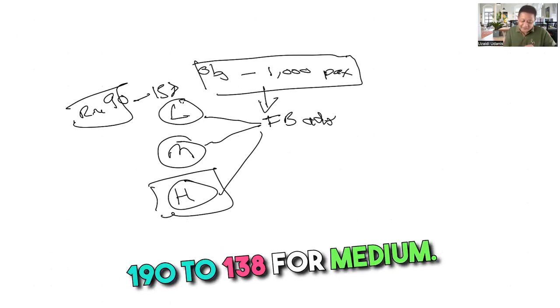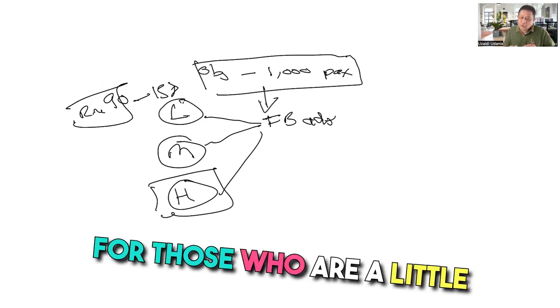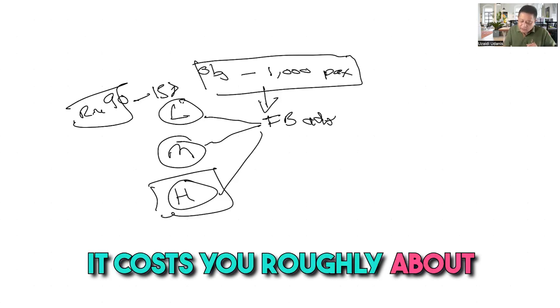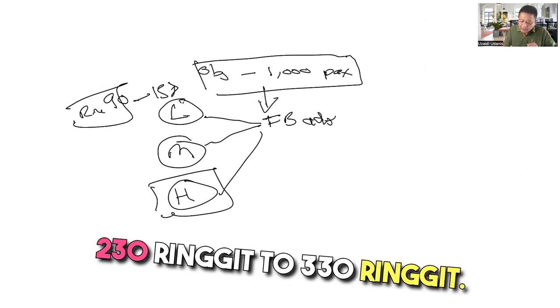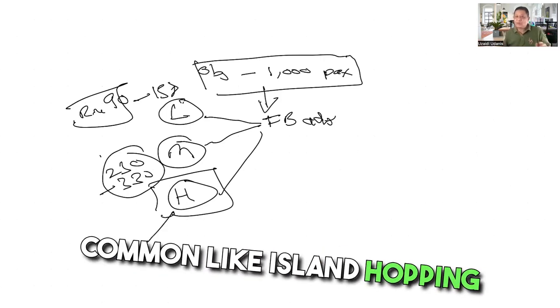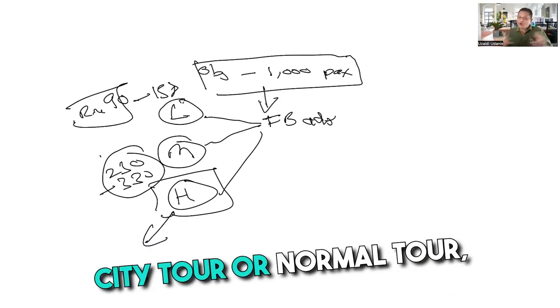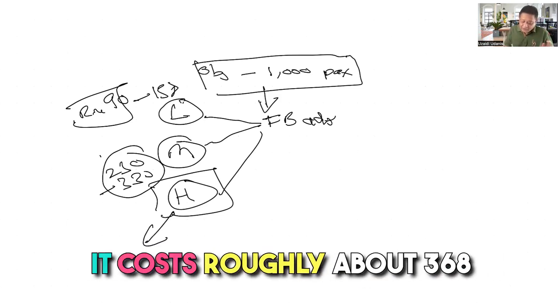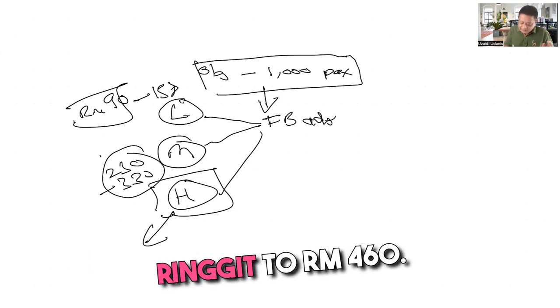For medium, for those who are a little bit on common packages, it costs you roughly 230 ringgit to 330 ringgit. And the high end, much more common, like island hopping, sea tour, or normal tour, costs much higher because it's very competitive. It costs roughly 368 ringgit to 460 ringgit.